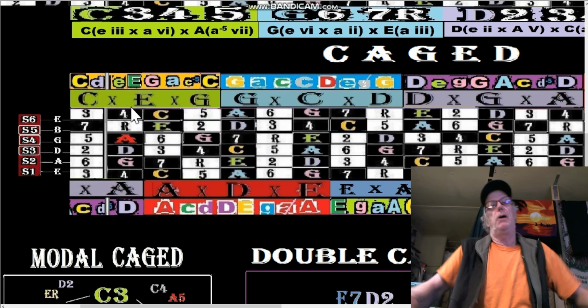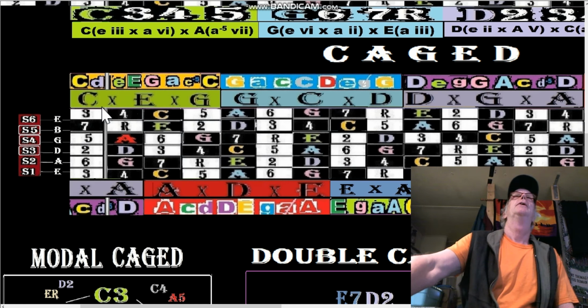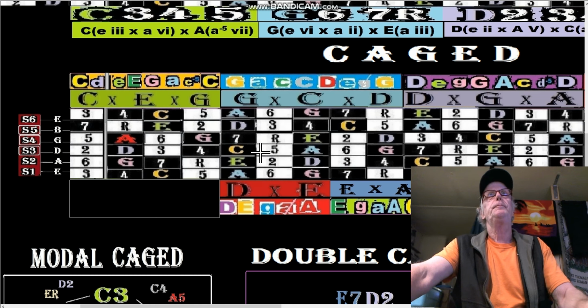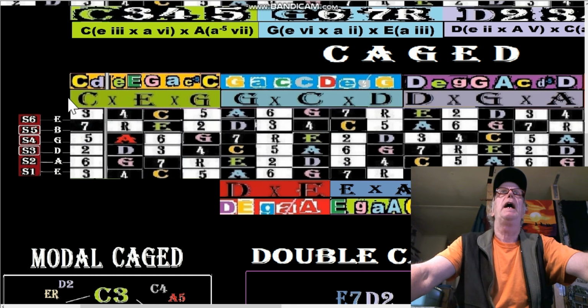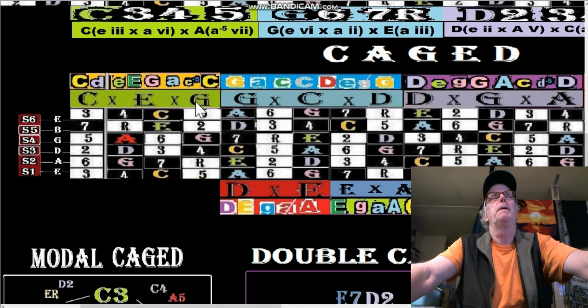So let's see, we're right here now. We're back on the regular cage because I want to show you about the substitutions. Okay, so we're not worried about the A shape here. We're not worried about any of this stuff. We're just looking at the C box here. The substitution is going to be C, substitute the E shape, substitute the G shape.